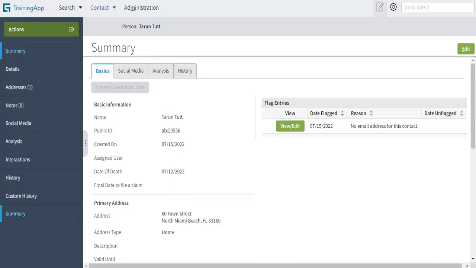But Guidewire has its own capability of rating as well. So if someone is implementing a completely new line of business, they are not upgrading it, then most of the clients use the Guidewire rating engine as well.